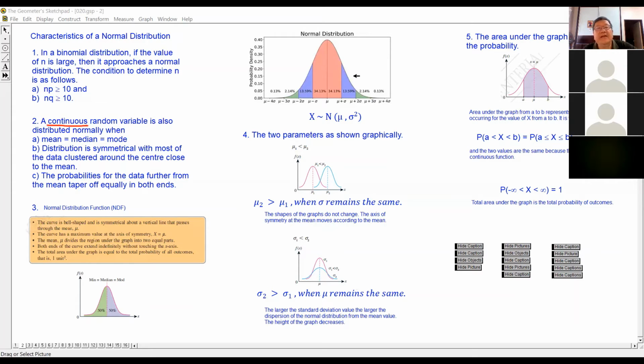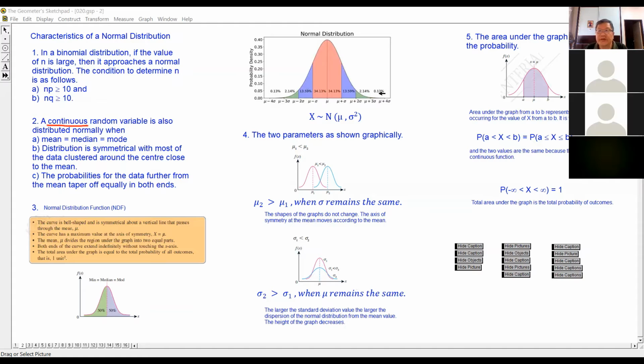Okay. Then another characteristic is that for a normal distribution, you can divide the distribution into half along the center line, and the center line is the mean. The shape of the curve on this side and the shape of the curve on the other side are symmetrical, 100% symmetrical.